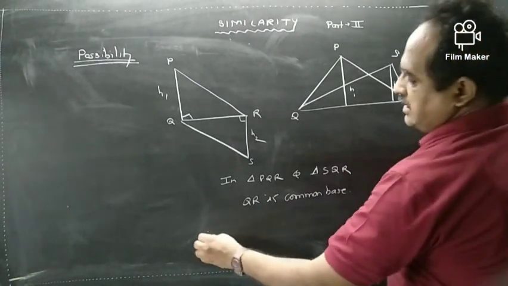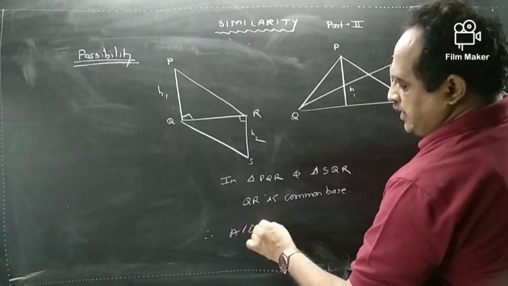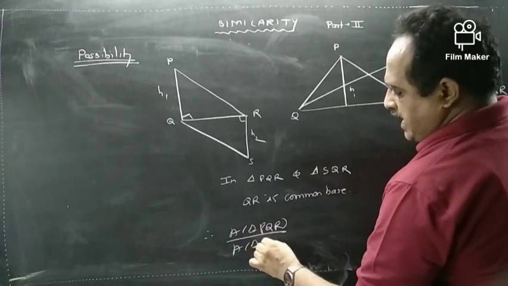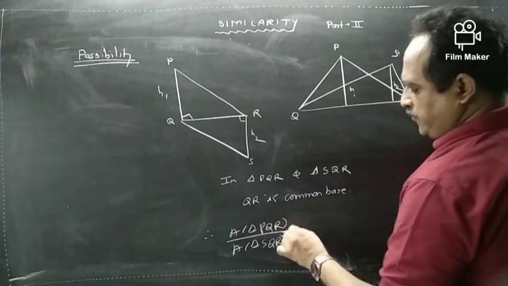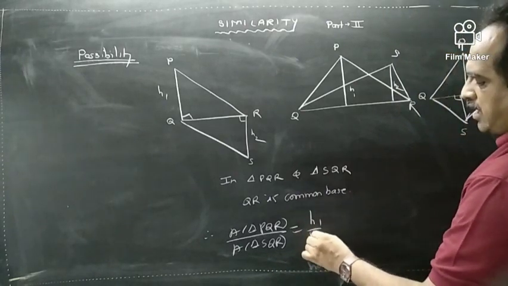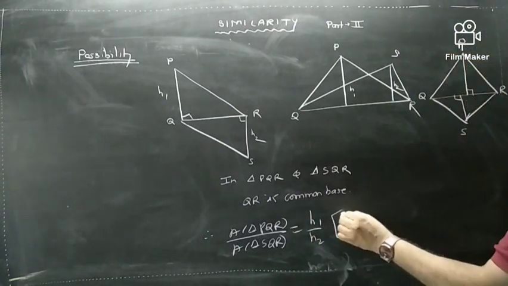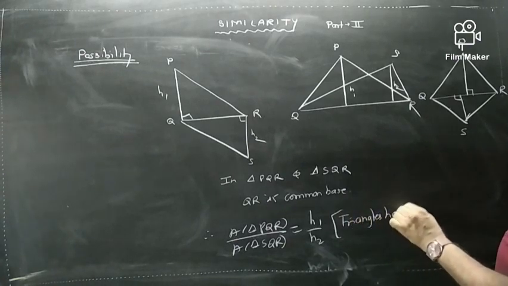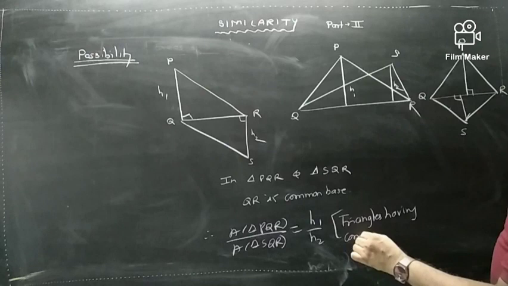Therefore, area of triangle PQR upon area of triangle SQR will become H1 upon H2. The reason is that we are writing triangles having common base.